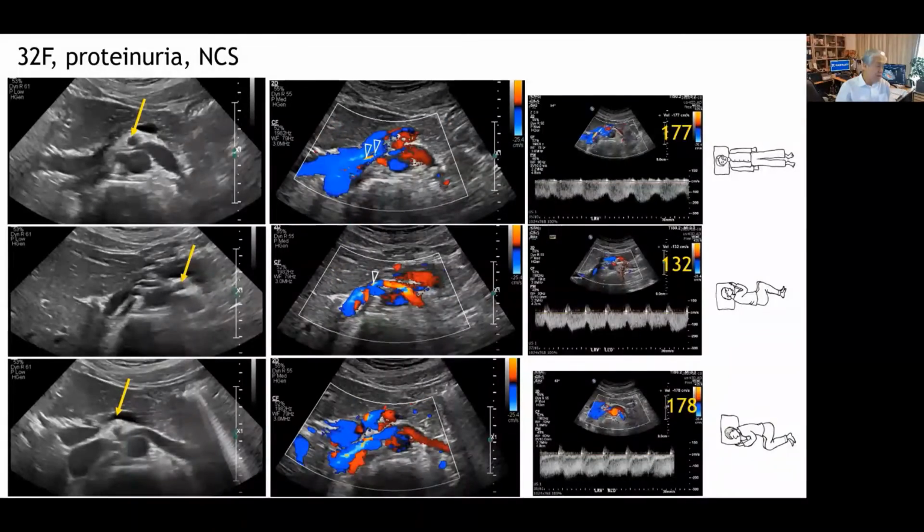But in this 32-year-old woman with proteinuria, the movement of the mesenteric root containing the superior mesenteric artery is limited, and the degree of compression of the left renal vein is also similar in supine, left lateral decubitus and right lateral decubitus postures, with peak flow velocity 177, 132, and 178.